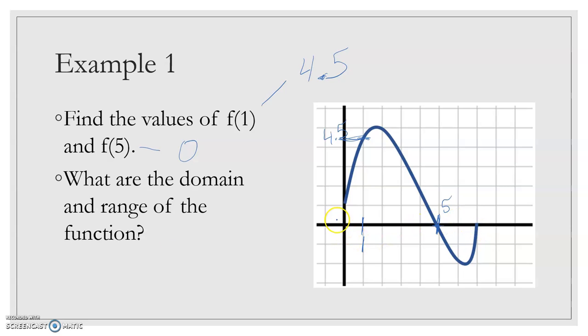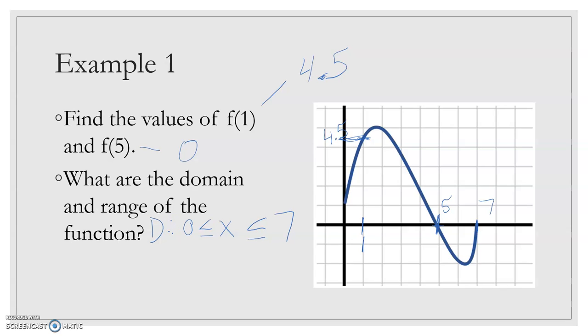The lowest value is 0, so I'd start off with 0, and I'd say that's less than or equal to the x, because that is my independent variable. And it's less than or equal to, now the furthest point over that it goes is 7. So I'm going to put a 7 right here, and that is my domain.